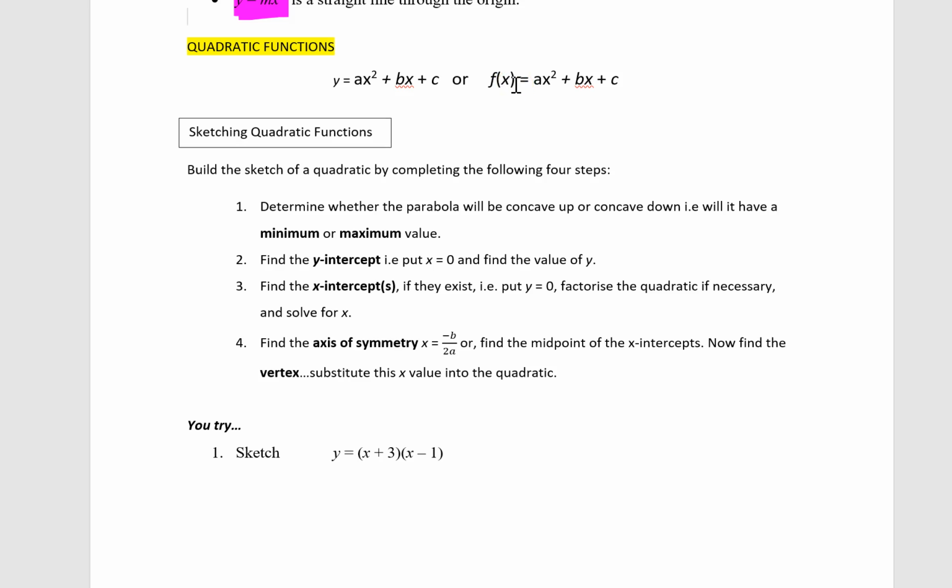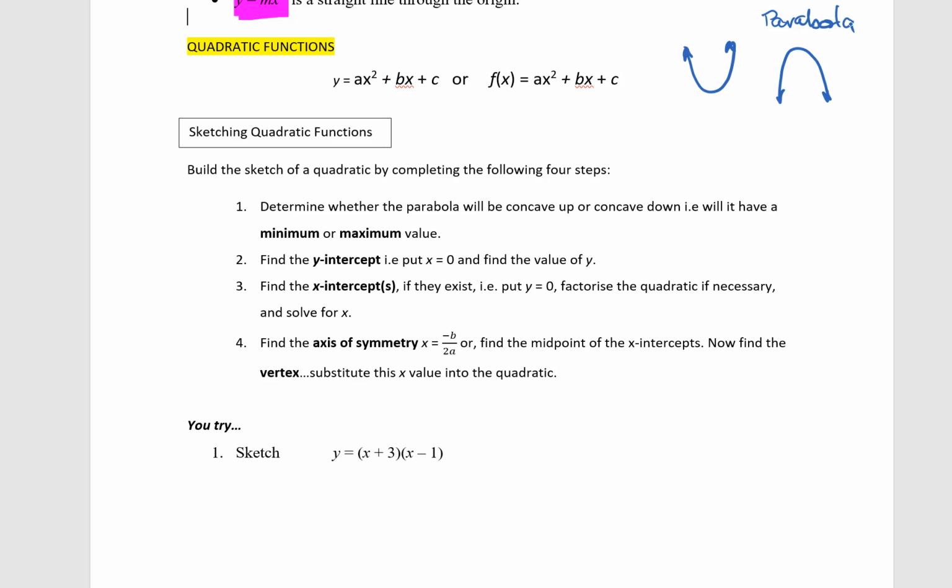In terms of the graph, there's only two shapes possible for a quadratic function when we graph it. It's an up the right way U or an upside down U shape called a parabola.